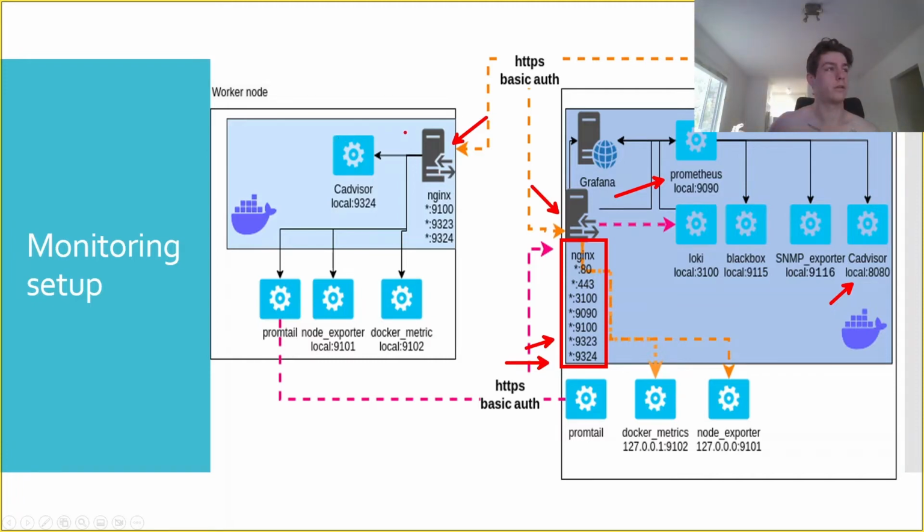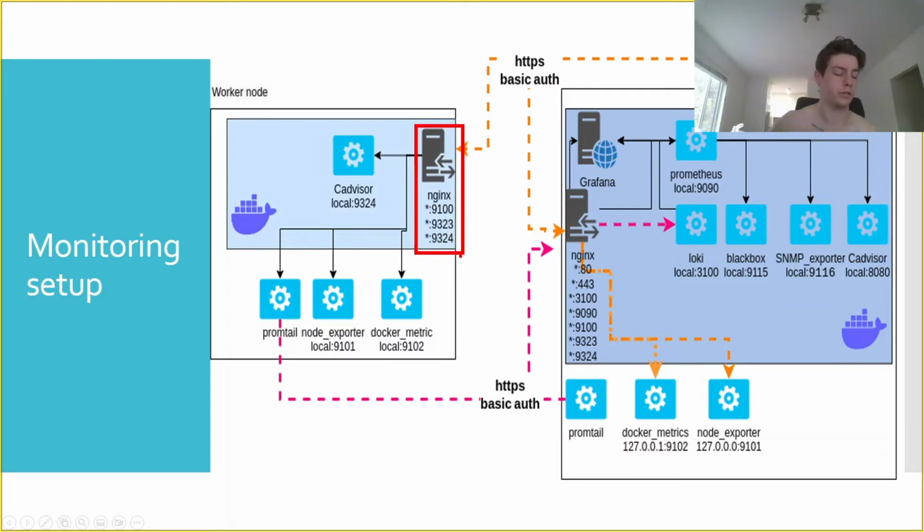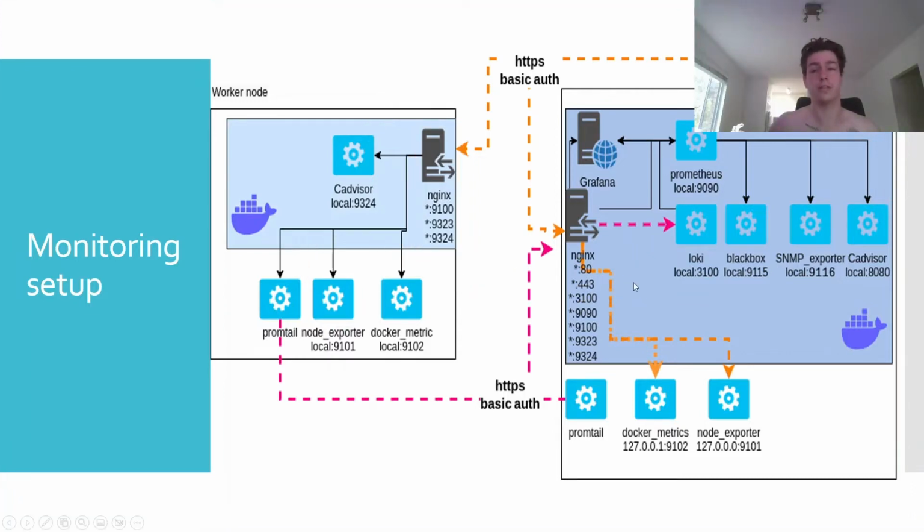And then on the worker servers, we have nginx listening, a reverse proxy again, with HTTPS and basic authentication. We have cAdvisor, the Docker metrics server, Node Exporter, and Promtail pushing logs again to Loki. So that's how everything works.